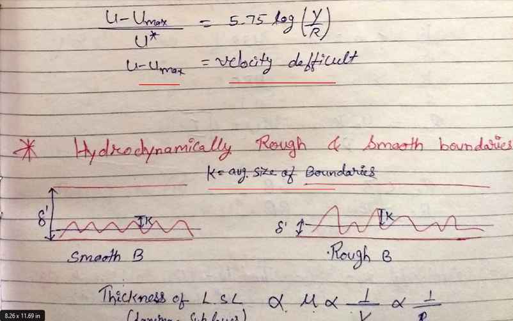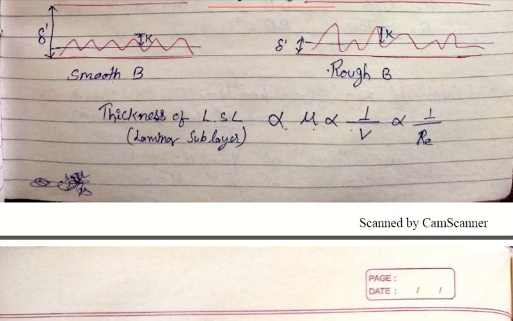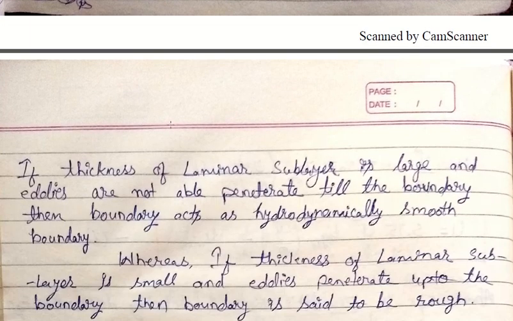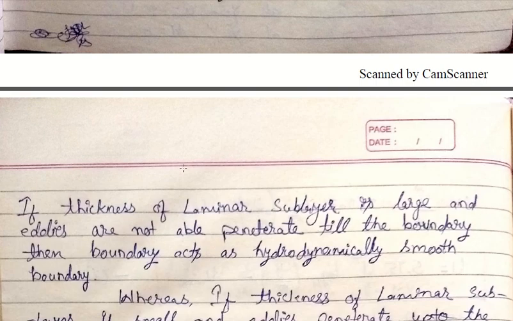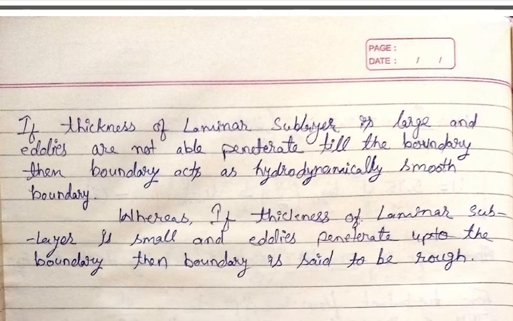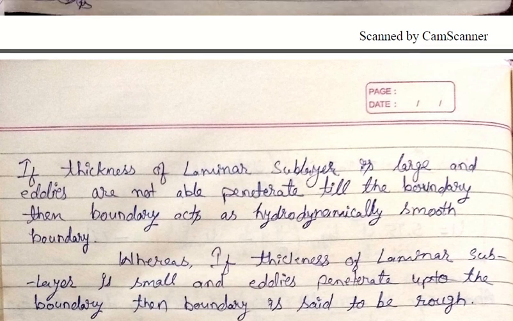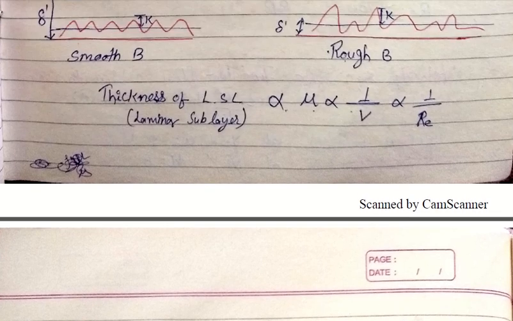If the laminar sublayer is large and the eddies do not penetrate to the boundary, then the boundary acts as a hydrodynamically smooth boundary. Whereas if the thickness of the laminar sublayer is small and the eddies penetrate up to the boundary, this is said to be a hydrodynamically rough boundary.